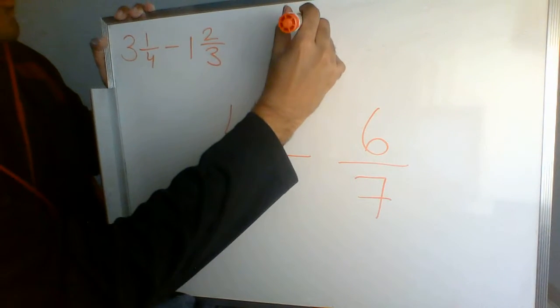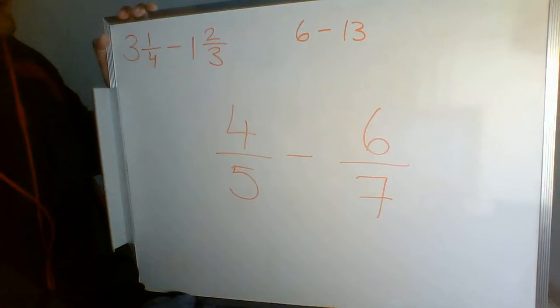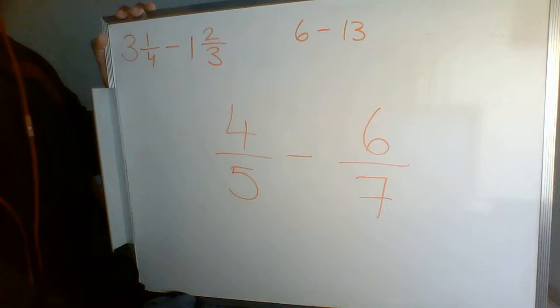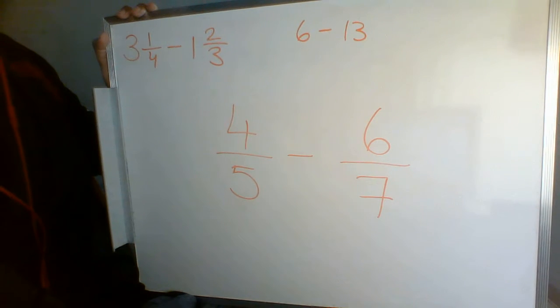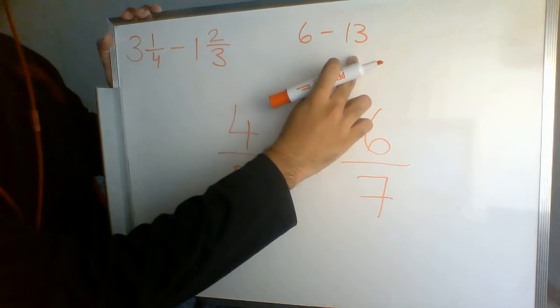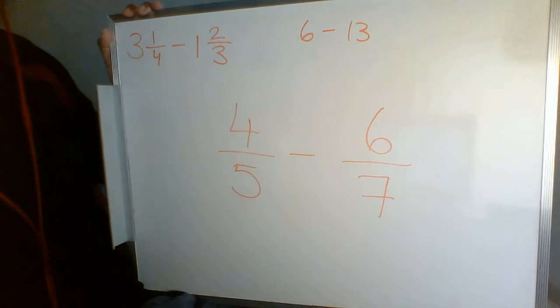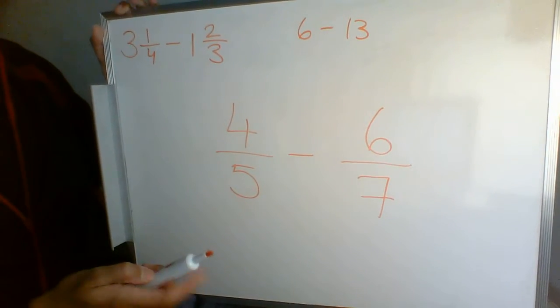If I told you to do 6 minus 13, you know that that's going to give me a negative answer, right? And you know that it's going to also be negative for any other second number that's bigger than 6, right? If we've got 6 minus 20 or 6 minus 12 or 6 minus 7, those are all going to give us negative answers.